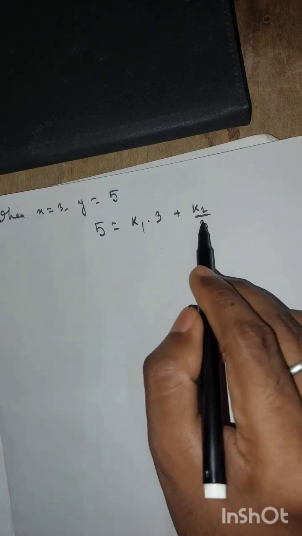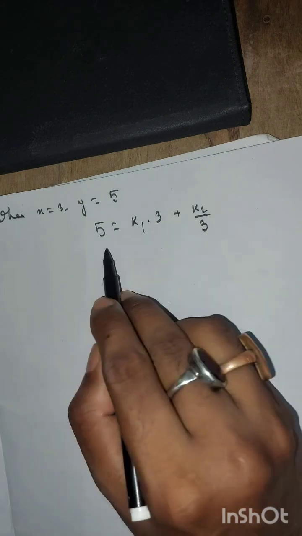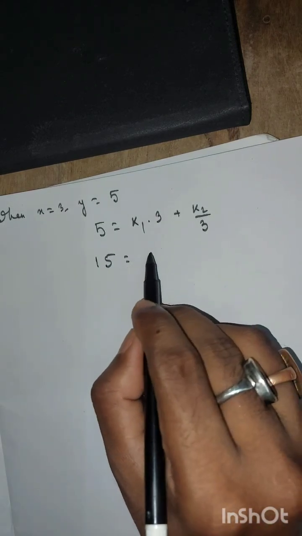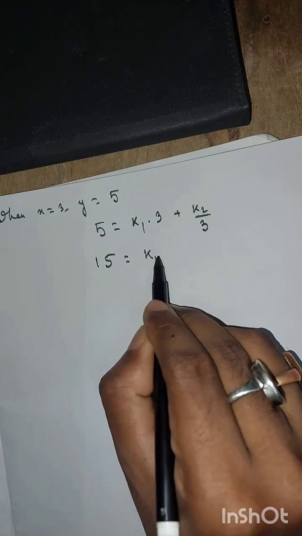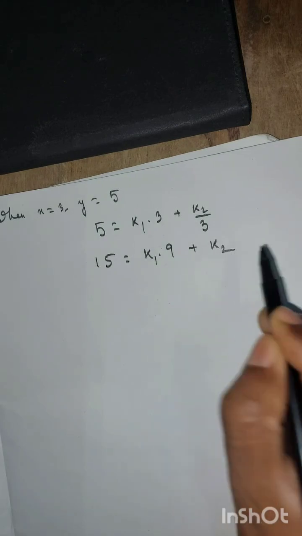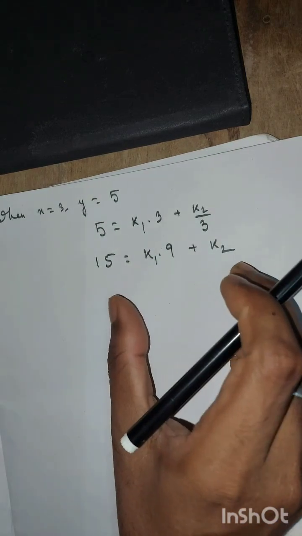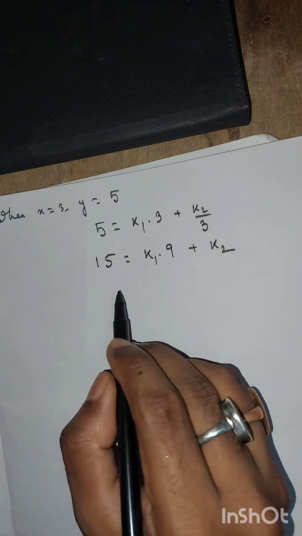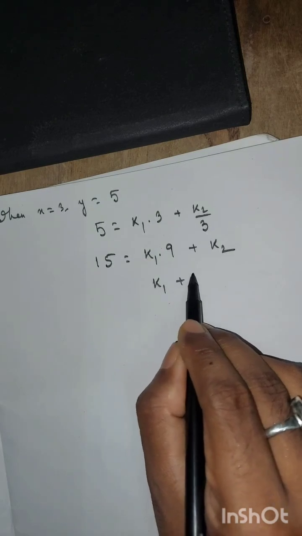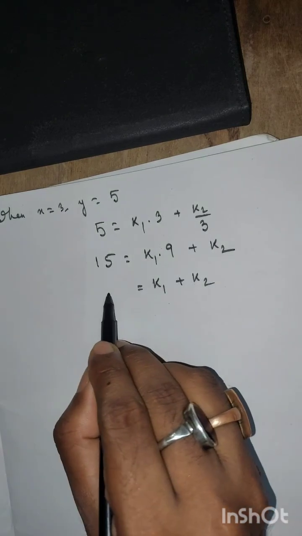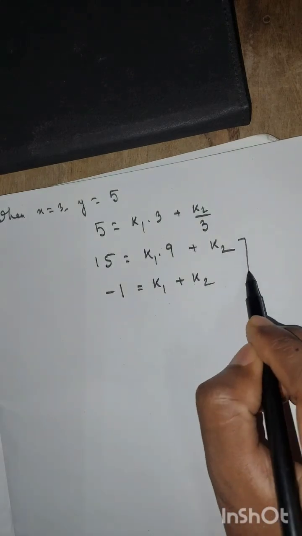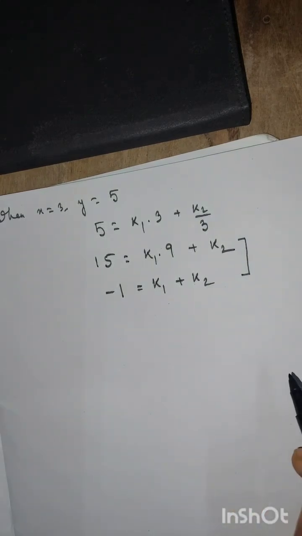And if we multiply both sides of this equation by 3, we get 15 equal to k1 into 9 plus k2. So this is our second equation. Our first equation was k1 plus k2 equal to minus 1. So we are going to solve these two equations to get the values of k1 and k2.